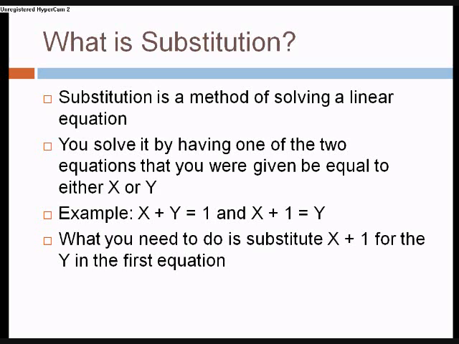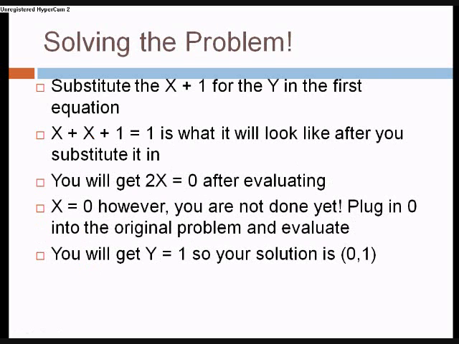So what is substitution? Well, substitution is a method of solving a linear equation. You solve it by having one of the two equations that you were given be equal to either x or y. Here's an example: x plus y equals 1, and x plus 1 equals y.